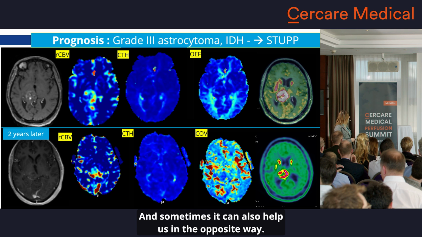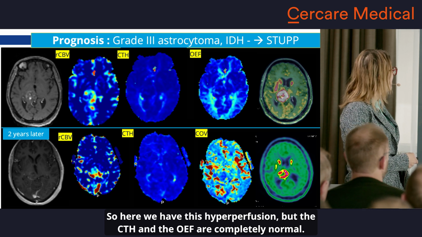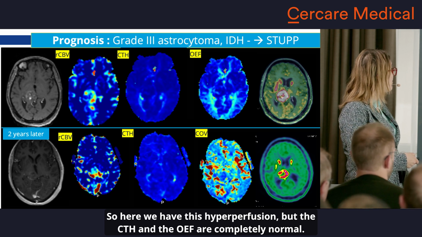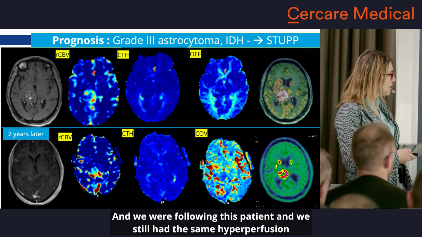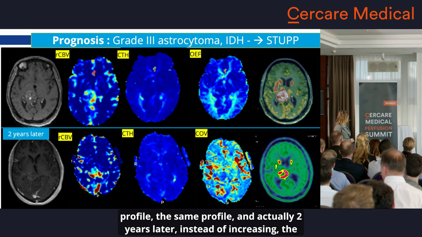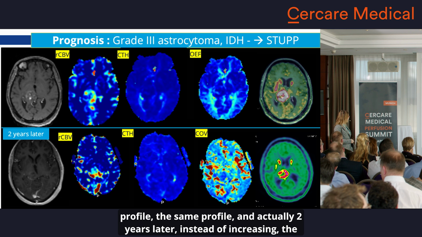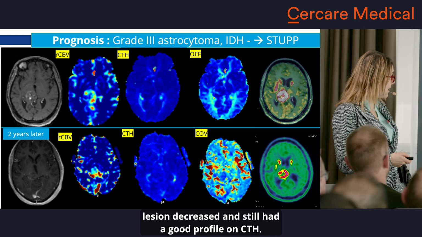And sometimes it can also help us in the opposite way. So here we have this hyperperfusion, but the CTH and OF are completely normal. And we were following this patient, and we still had the same hyperperfusion profile. And actually, two years later, instead of increasing, the lesion decreased, and still had a good profile on CTH.